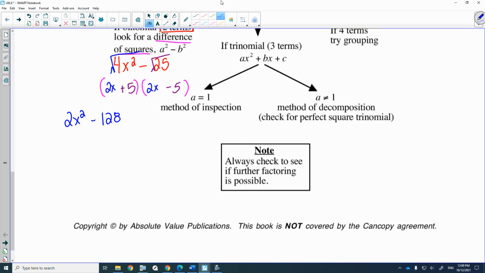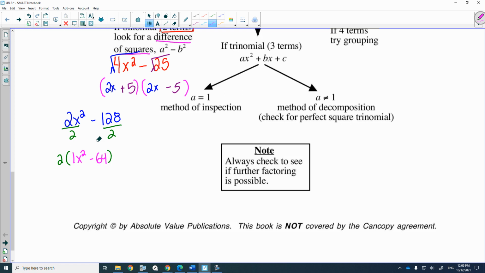And the GCF in this example would be what? Would be a 2. So you're going to factor out that 2. The 2 goes in front of the bracket, and the answer goes in the bracket. 2 divided by 2 is 1x squared. And then 128 divided by 2, does anybody know what that would be? 64. Is that what you said? Okay, 64.